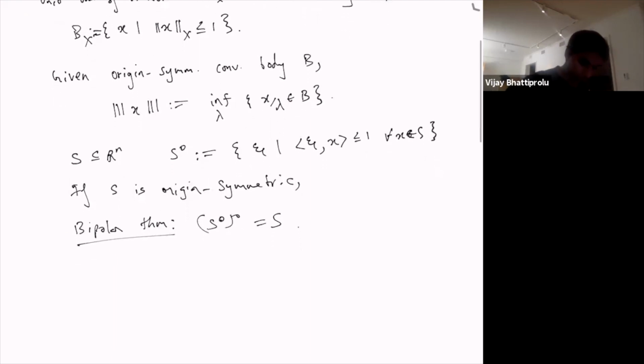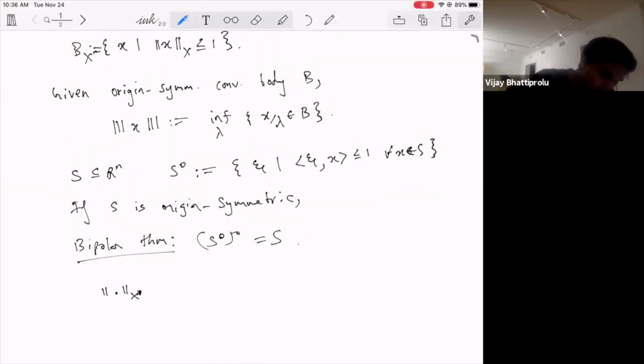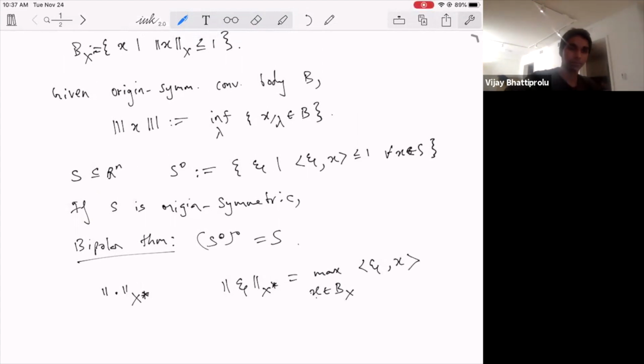Right. So we'll also require the definition of a dual norm. So given a norm X, we denote the dual norm by X star, and the dual norm of xi is defined as the maximum over x in the unit ball of X of the inner product of xi and x.